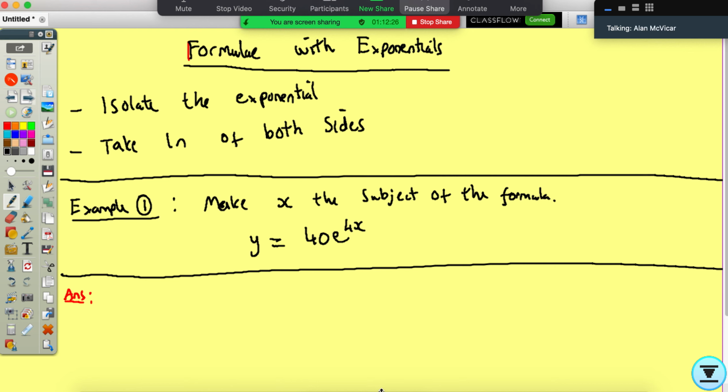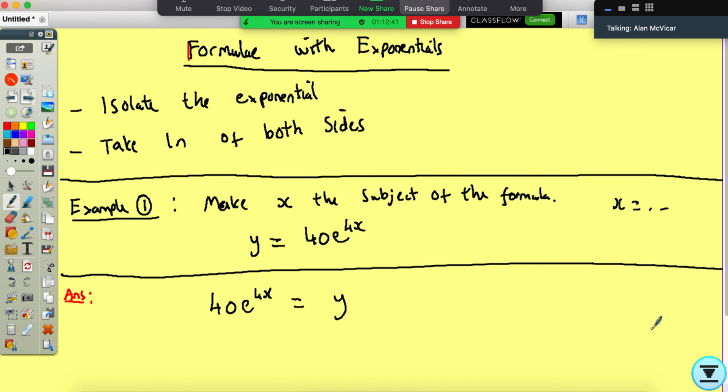So what I would do is I would switch everything round again so the letter I want's on the right side. I want it to be x equals, so I'll flip round the formula, right? So 40e to the power of 4x equals y.